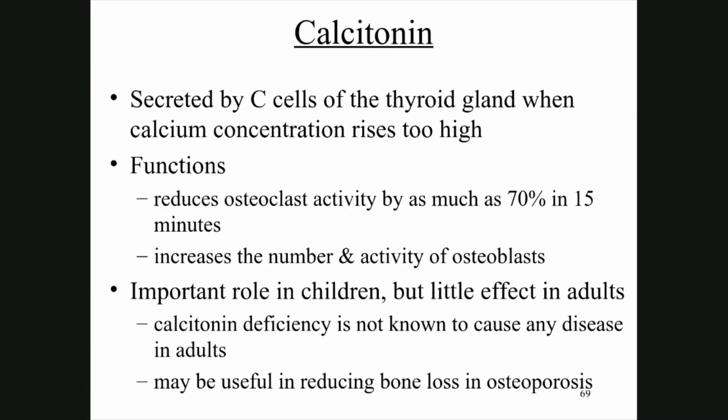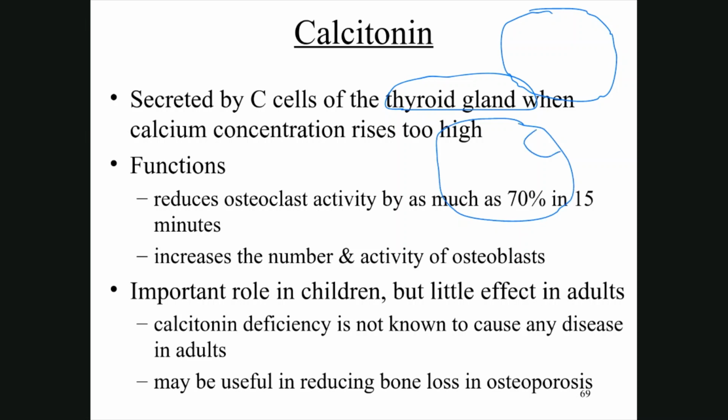Calcitonin comes from the C cells of the thyroid gland. If you recall when we talked about histology, here's your follicle, and here's a follicle. The cells that make up the follicle look something like this. So we consider them simple cuboidal epithelium.